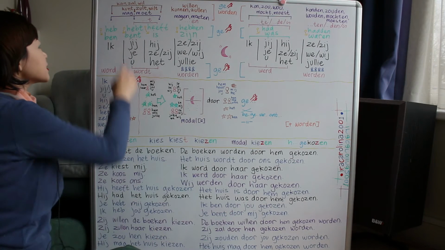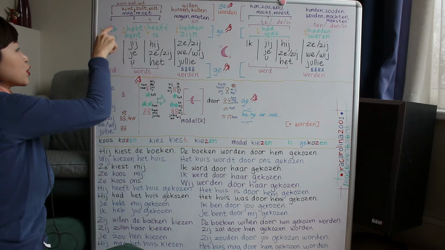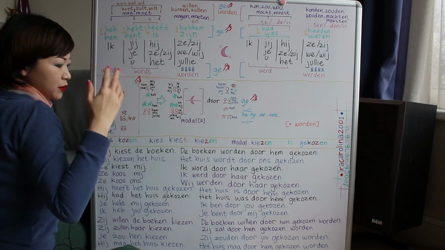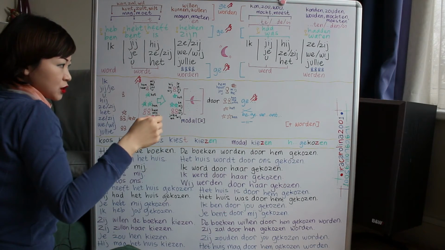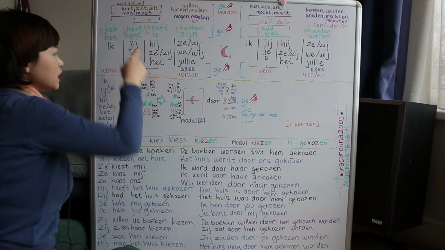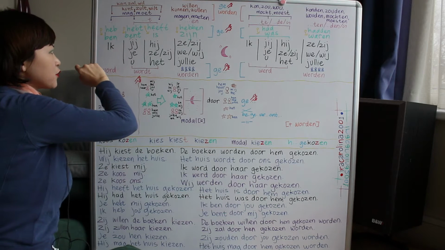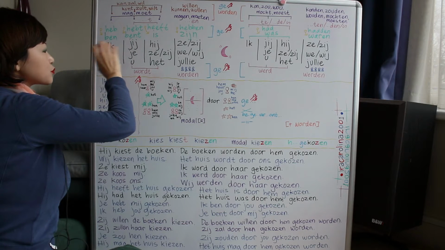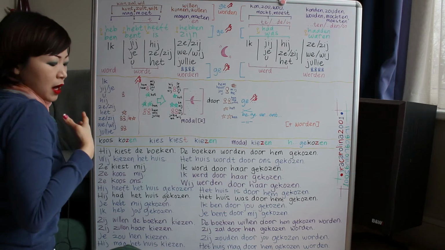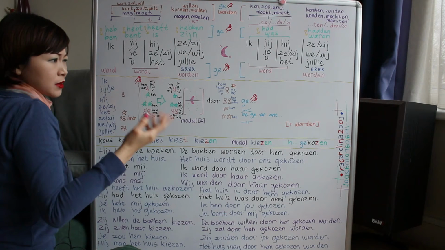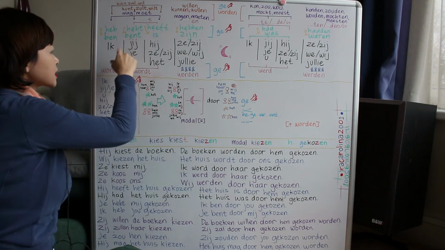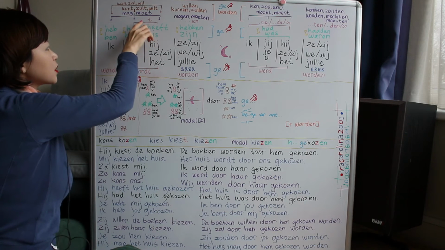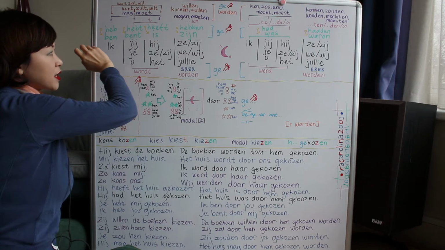The verb we use for ik, and that basic verb that we use for ik, or I, if we want to use it for a person that's not I, that's not me, and consists of one, in this case you and he, she, it, we use the verb and we add the T at the end of the verb.